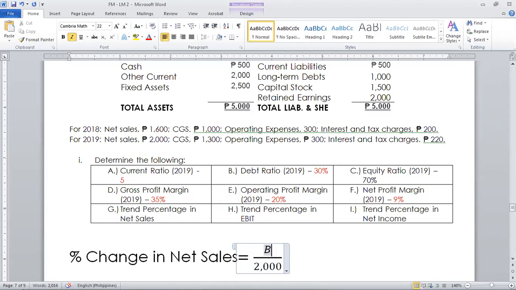Most recent value minus base period value over base period value. Okay. You can use base minus most recent or most recent minus base. That is okay, as long as our denominator is the base.